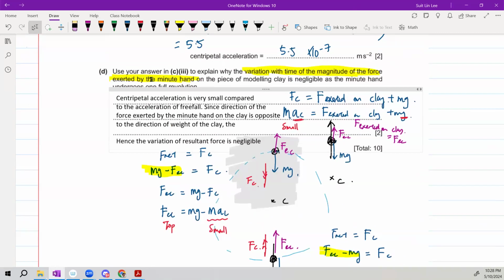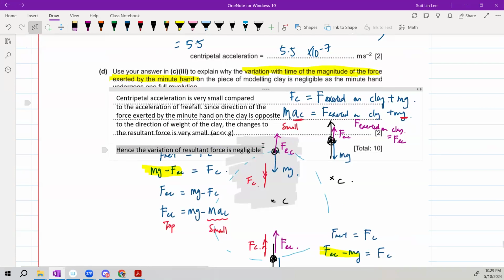The changes to the resultant force is very small because your centripetal acceleration is much smaller than g. Something like this. That one is just a keyword.